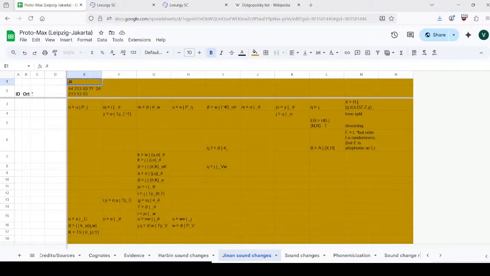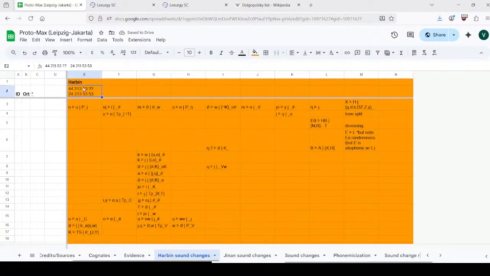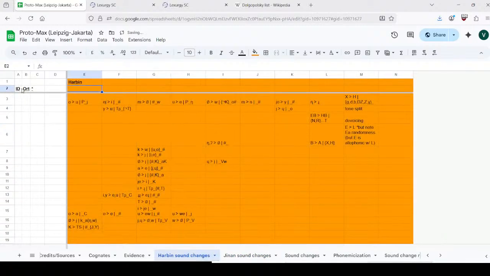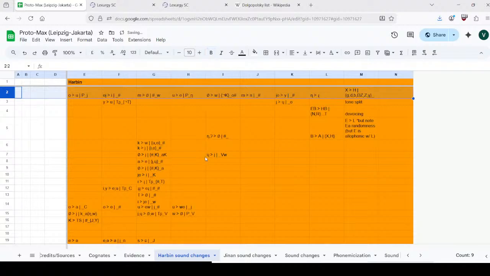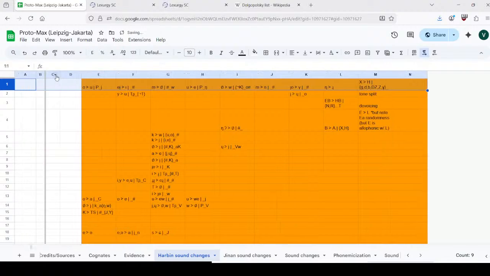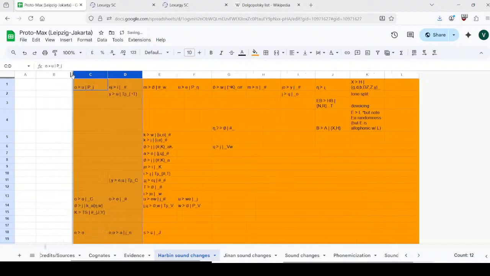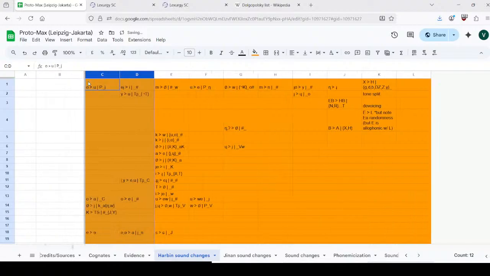But I guess we could call this Jinan, and then clear that out, and clear that out. We don't even need this row. If we delete this row, that's perfectly fine. And we can even delete this row, honestly. And then I could move this over here, expand these, delete these two rows or columns, and move these further out. Do I even need two?